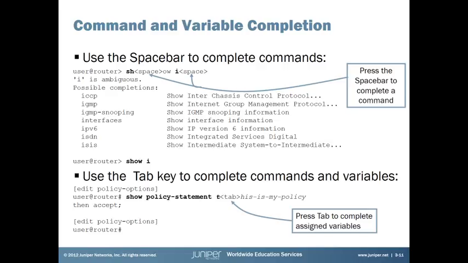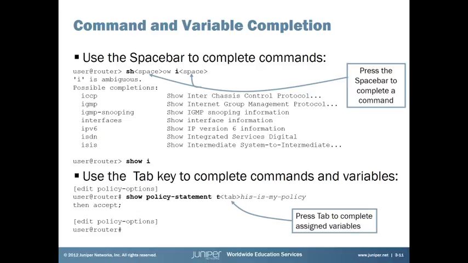Let's just say, if you type SH and put space, it actually will fill in the OW, because that's about it. If I type I and space, then there's lots of things that it could have completed with the letter I. So SH is pretty straightforward. SH will complete show. I, on the other hand, could be lots of things. So it's going to say, well, that's ambiguous. Which one of these things did you actually mean? And then you can type the rest of it in, or type part of the rest of it in.